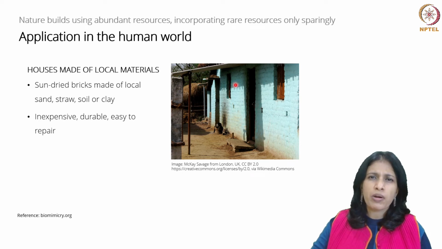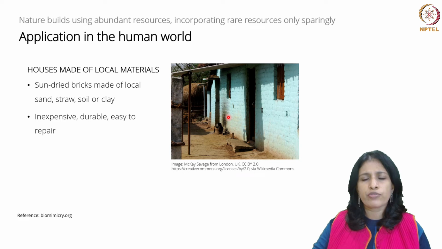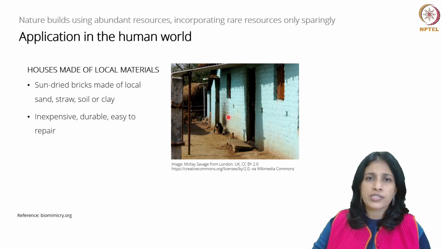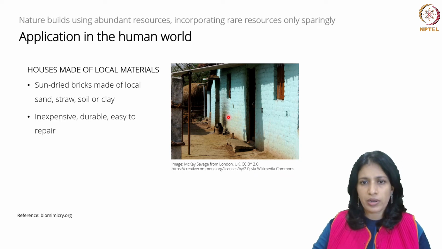And the best part is that these homes are inexpensive, cheap to build, they are durable, they last in the environment that they are built for, and also in many cases they are energy efficient as well because they are built with materials that are from the local environment.